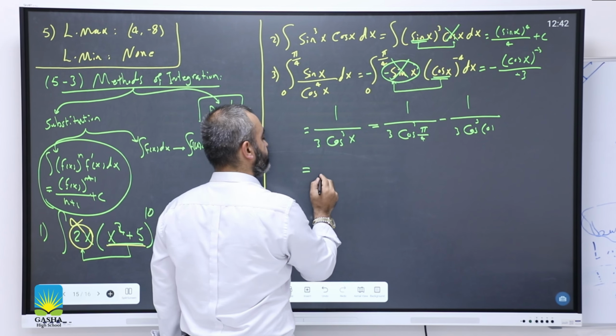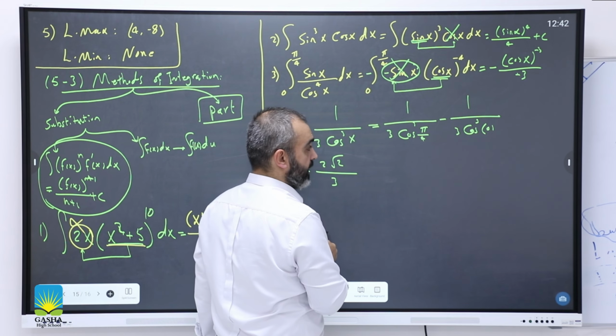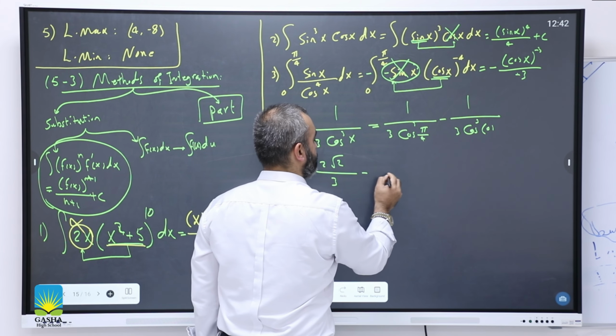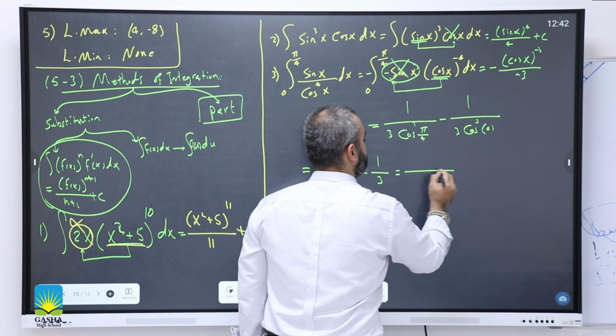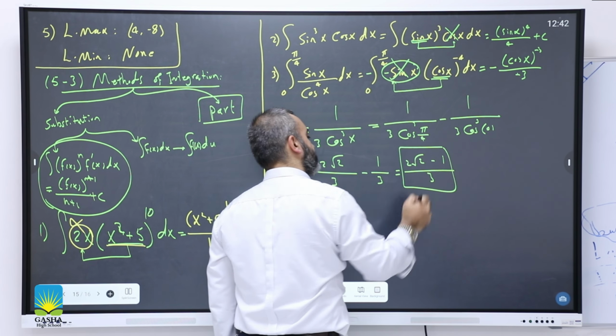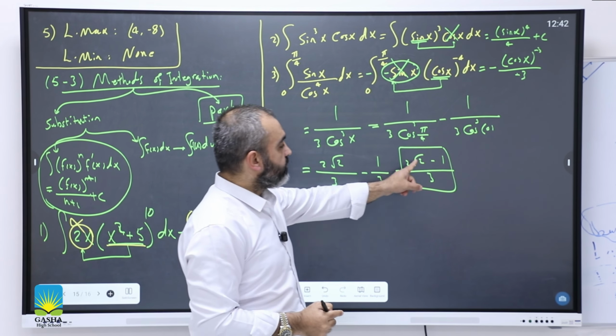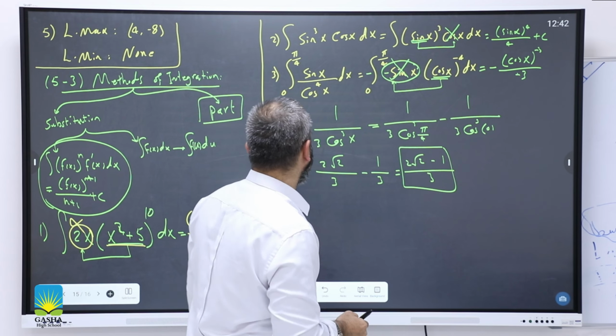So it is 2 square root of 2 over 3, and minus 1 over 3. So the result is 2 square root of 2 minus 1 over 3.